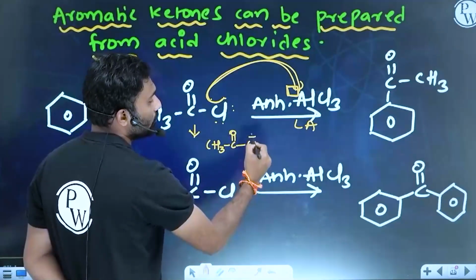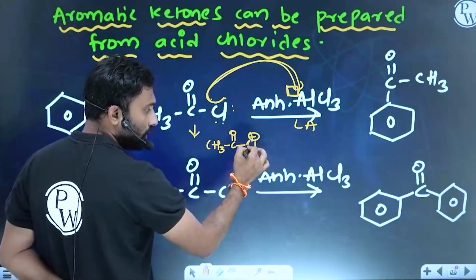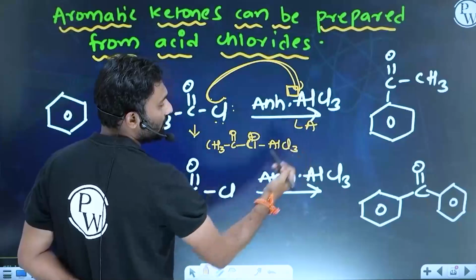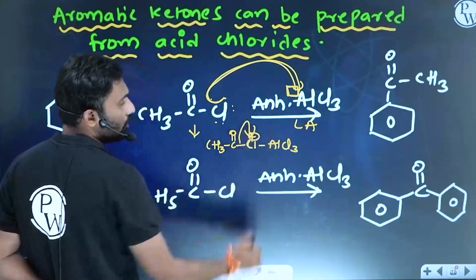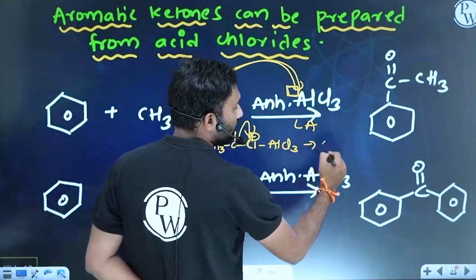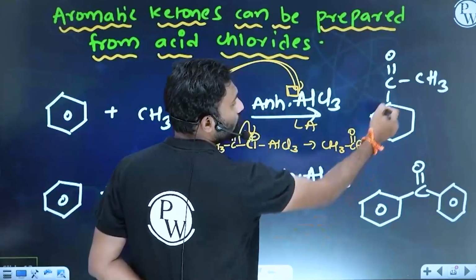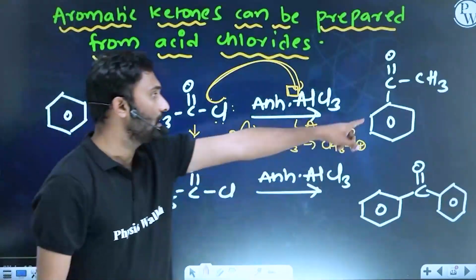The more electronegative chlorine bearing the positive charge is unstable, so to become stable the sigma bond will be given to this chlorine and the electrophile will be generated. This electrophile will attack the benzene ring and give acetophenone.